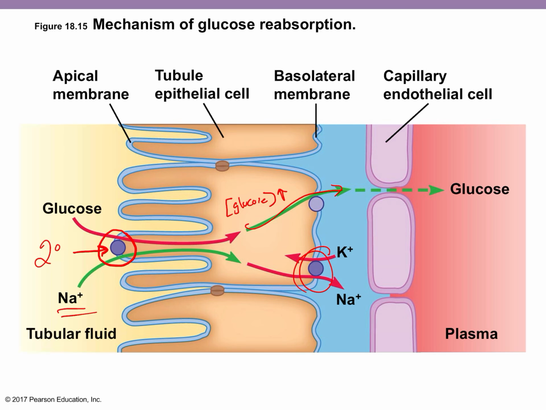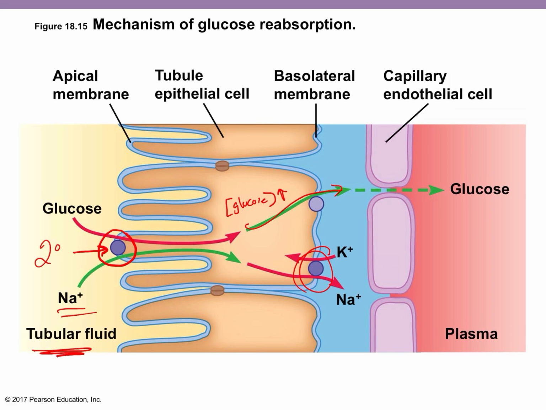So let's talk about transport maximum. What happens is, because for glucose we have a transporter, there's a specific molecule that's going to move glucose from that tubular fluid into the cell. So you have a limited amount of these transporters, and those transporters can get saturated.